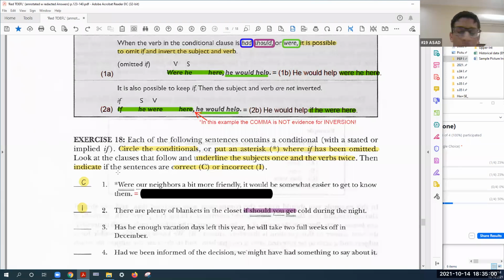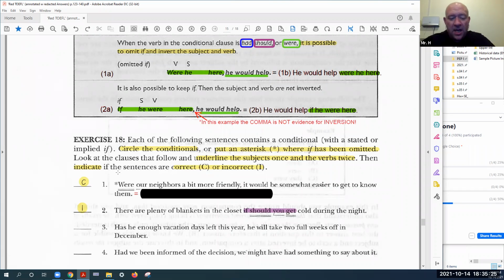It's 1. The first one. So is it 1A or is it 1B? 1A, because it starts with the verb. Yeah. Starts with the verb, so it is 1A, right?